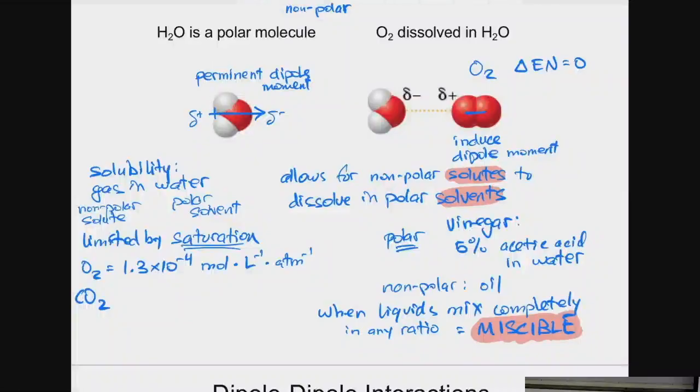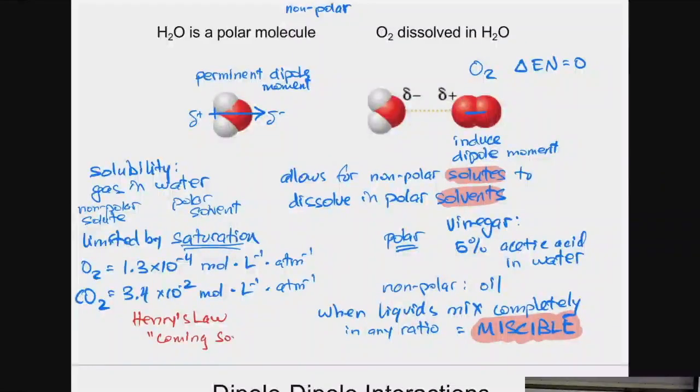Under standard conditions, we can get 3.4 times 10 to the minus second moles of carbon dioxide solubilized for every liter for every atmosphere. All right? Just to foreshadow, this is all Henry's law. And that's coming soon to a lecture near you.